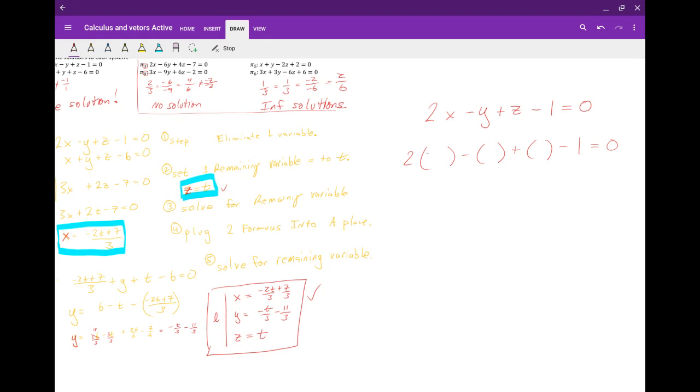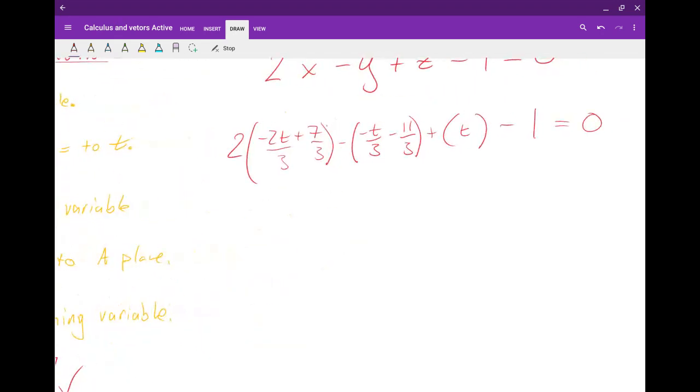So what I do is I plug in a negative 2t plus 7, all over 3, minus y, but y, remember, is a negative t over 3 minus 11 thirds, plus z, so plus t minus 1.